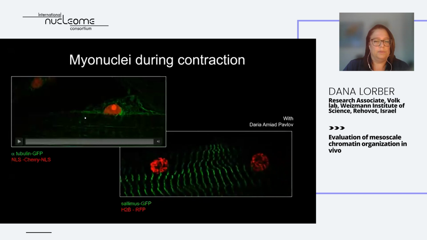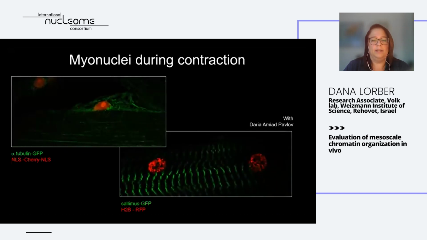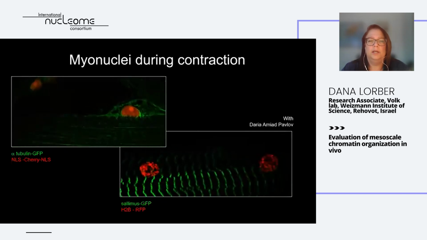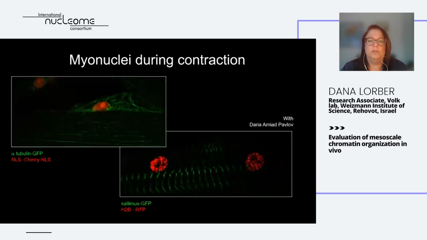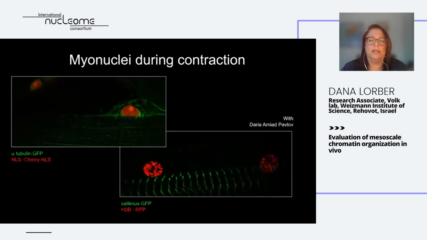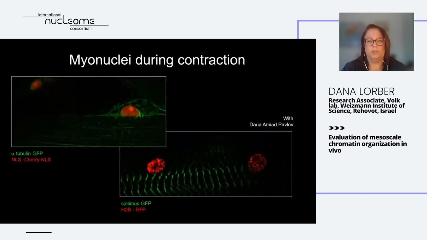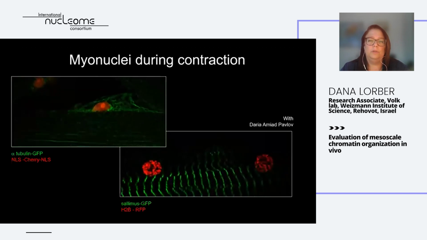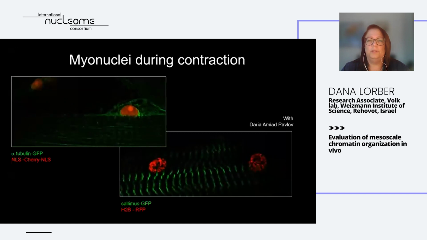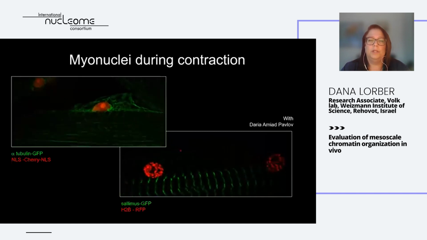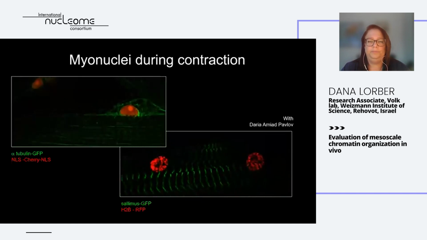These are 2 examples of muscle and nuclei dynamics during muscle contraction. In the upper movie, you can see the muscle cytoskeleton tagged with GFP, and the content of the nucleus is marked with NLS and cherry. On the bottom movie, you can see the muscle Z lines with GFP, and the chromatin is marked with H2B RFP.